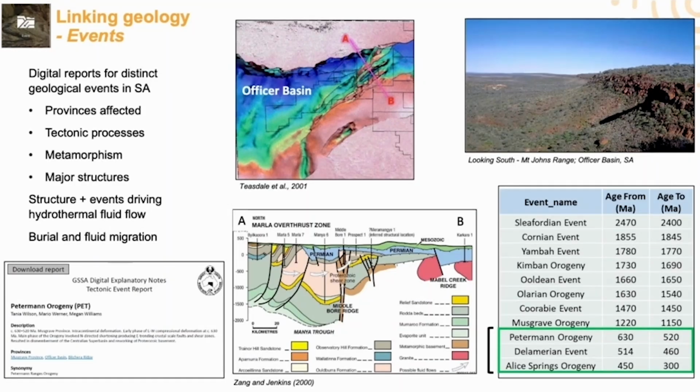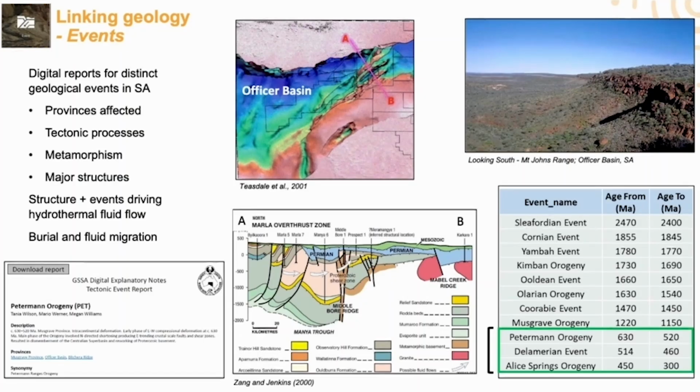Throughout time, the rocks and the province will be affected by major geological events. This refers to metamorphism or deformational processes. We thought it would be good to do reports on all the major events that have affected South Australia. I've got some major events listed there.